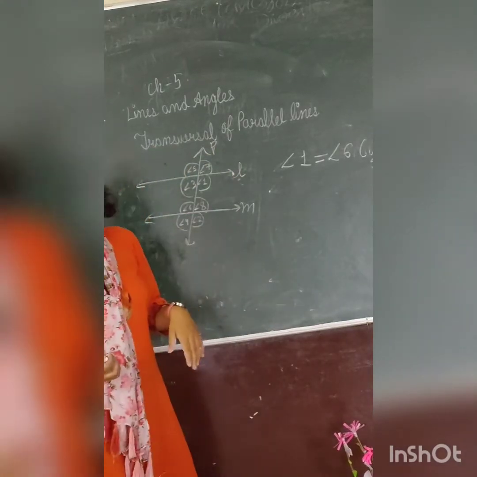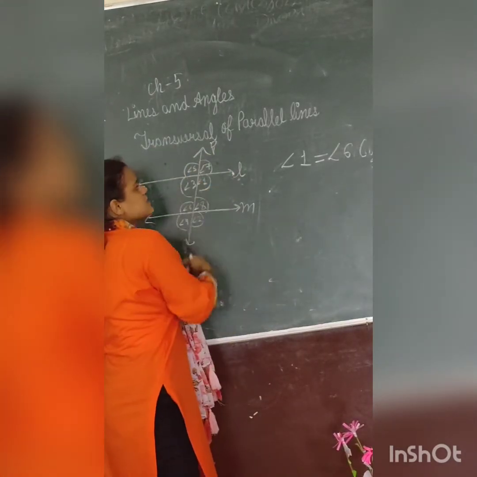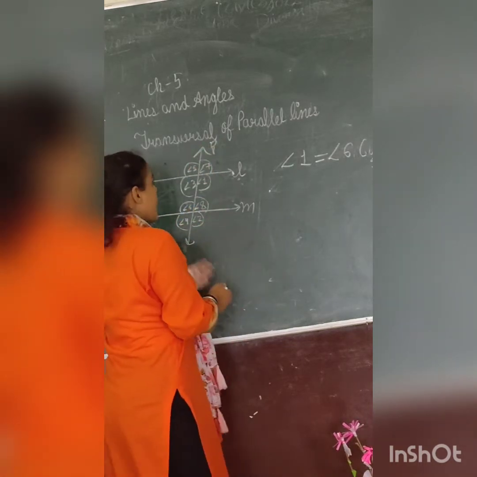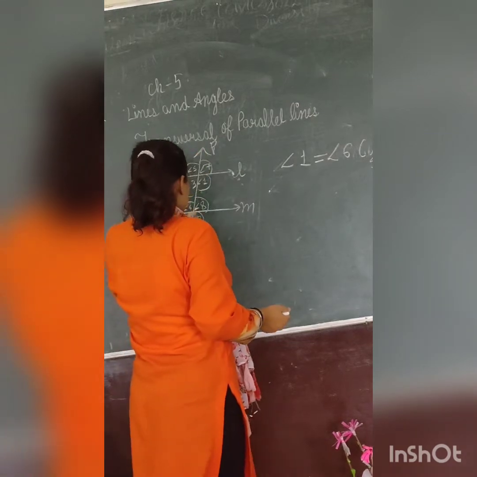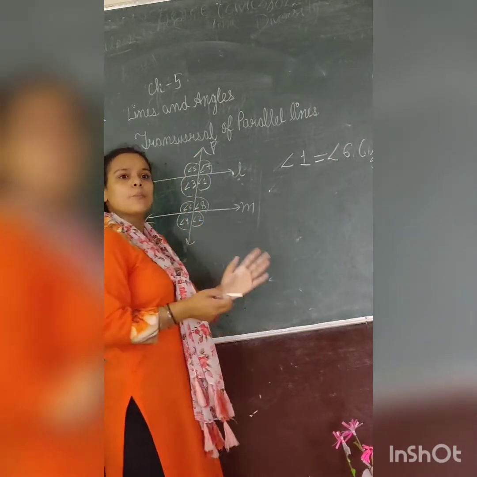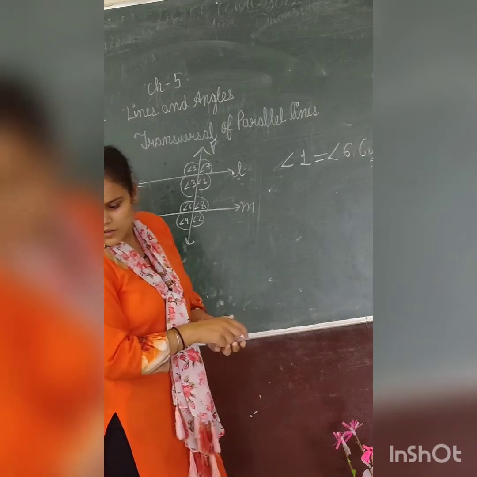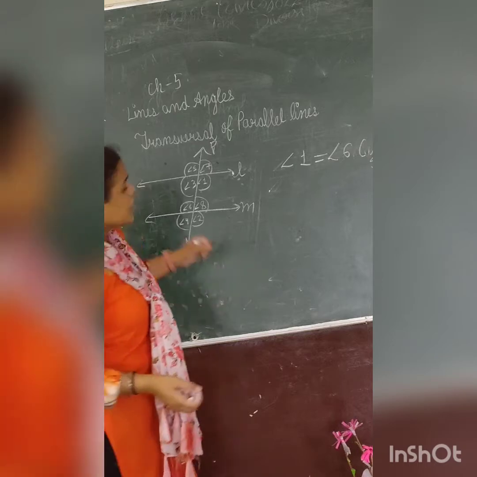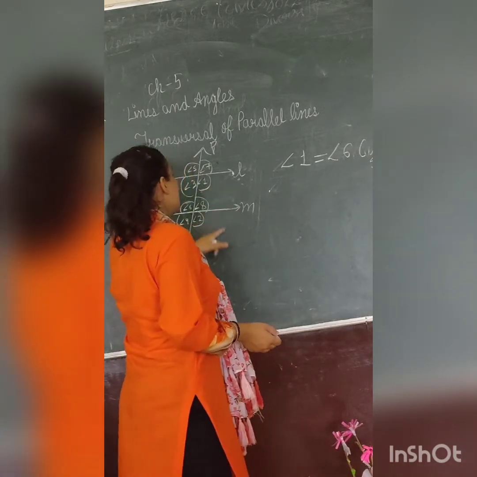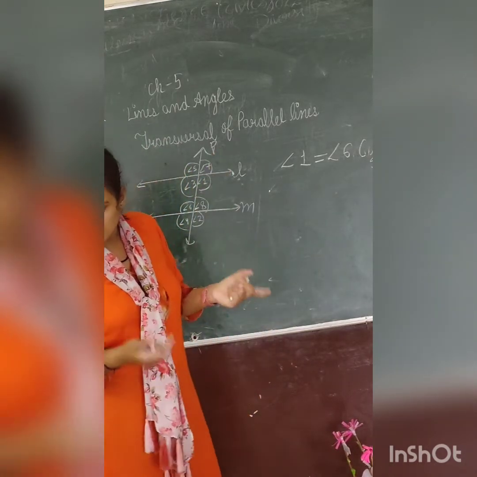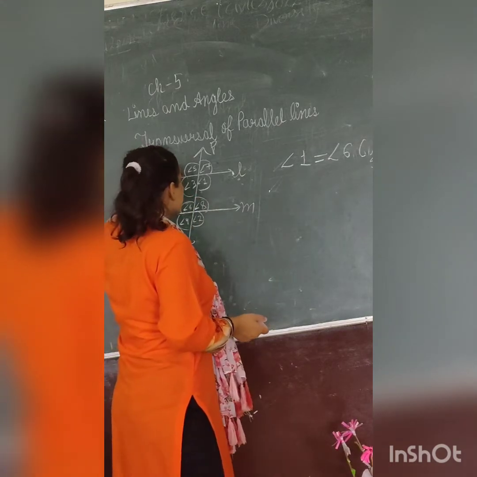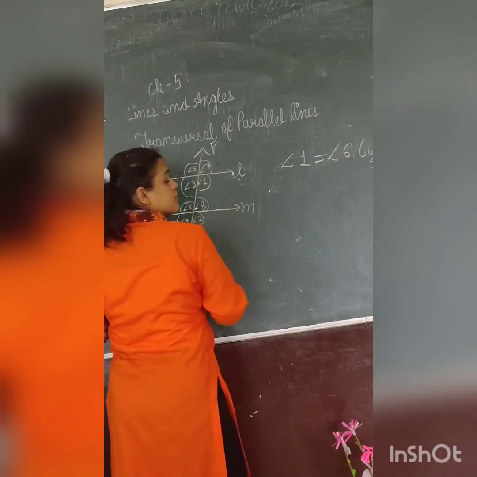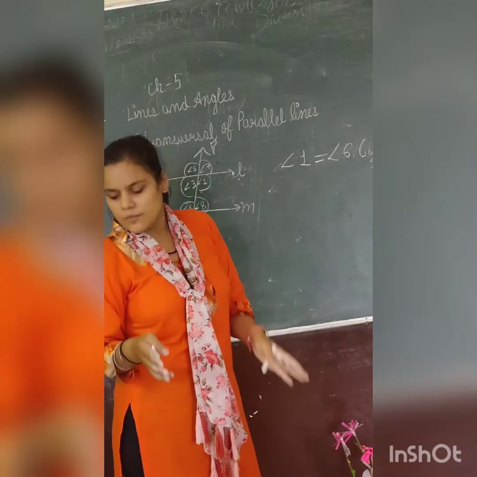Now your third property is that if two parallel lines are cut by a transversal line P, then each pair of interior angles on the transversal line will be supplementary.